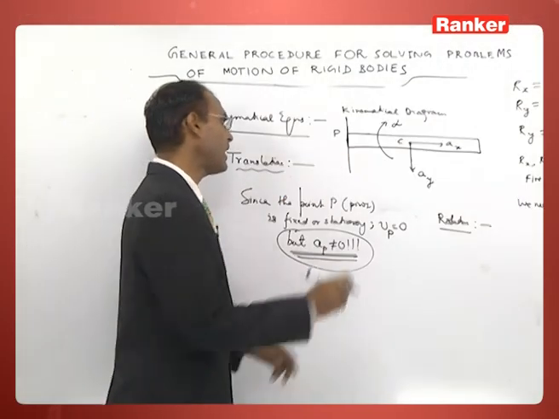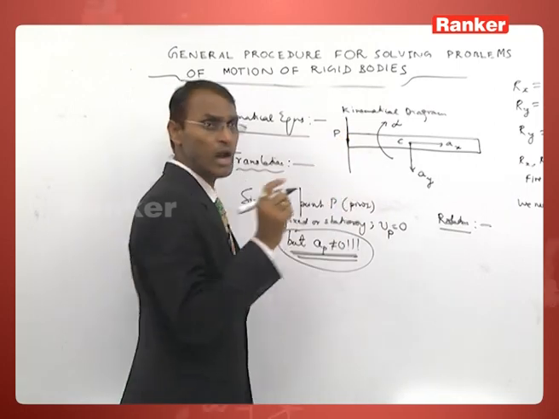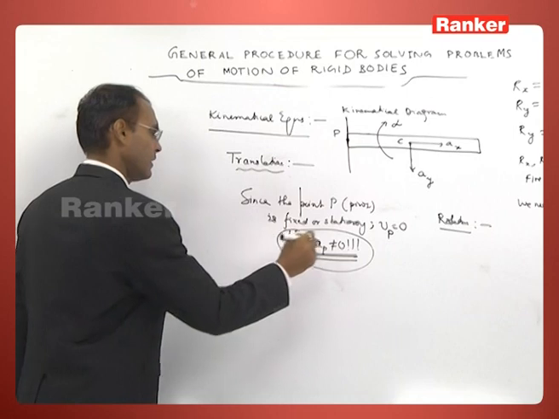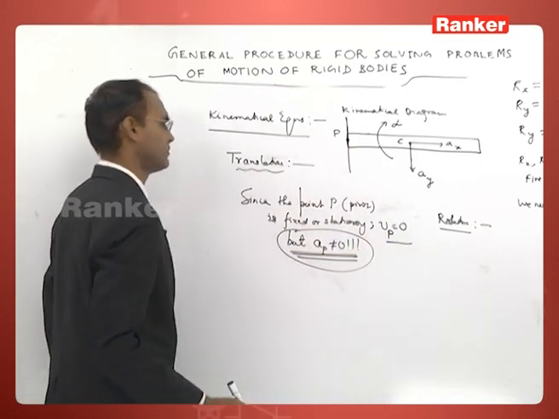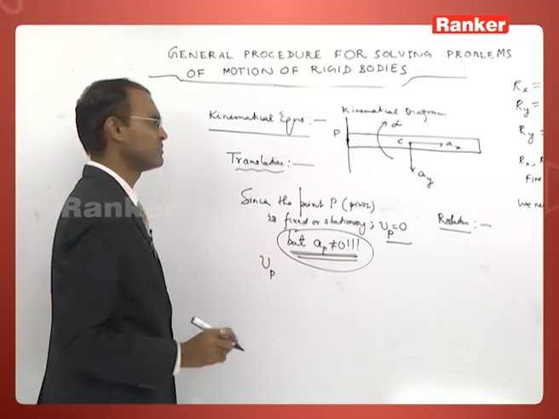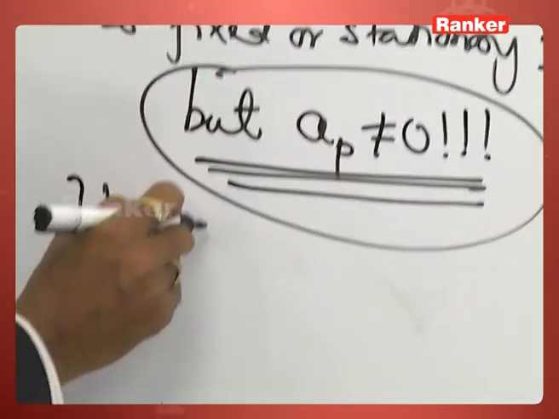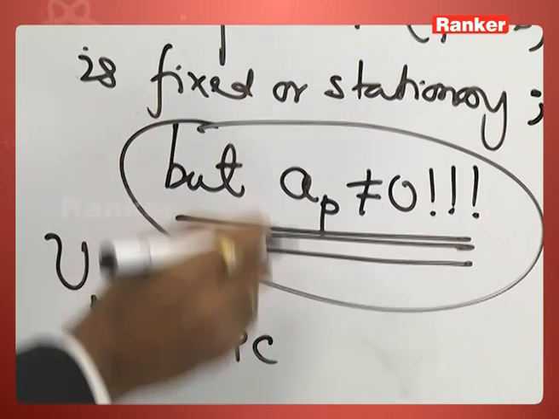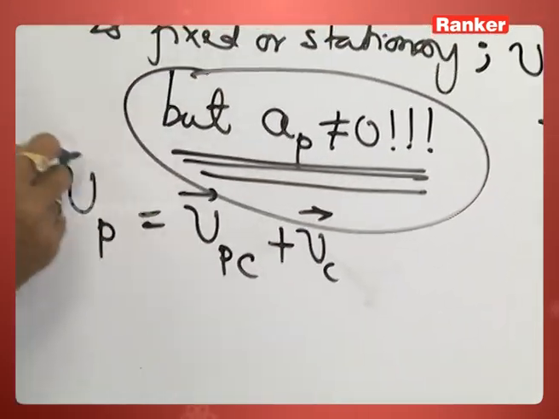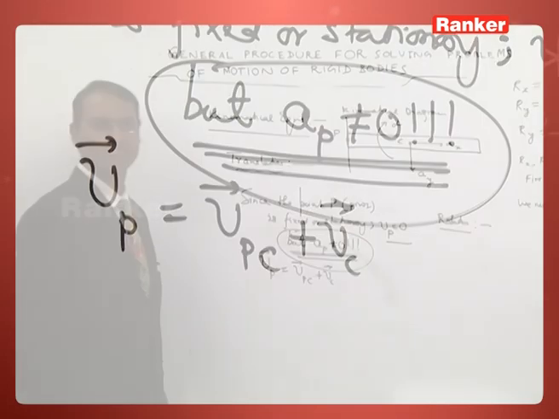Since this point P is not moving because it is pivoted, its velocity is 0. And velocity of this point P is equal to velocity of this point P with respect to C plus velocity of C, according to Galilean transformation of velocity.